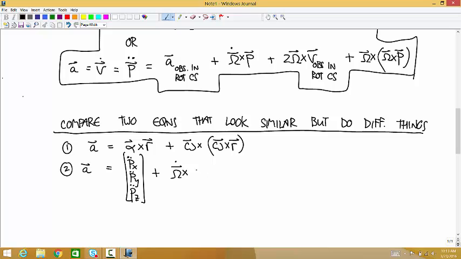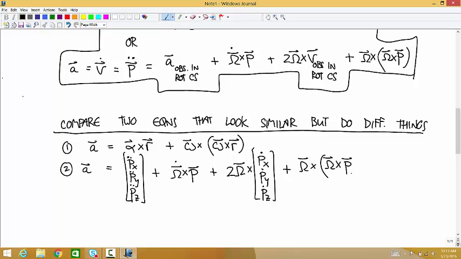Plus capital Omega dot cross P, plus 2 times capital Omega cross P components dot, plus capital Omega cross quantity capital Omega cross P.